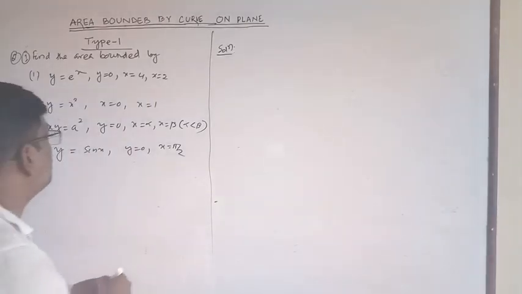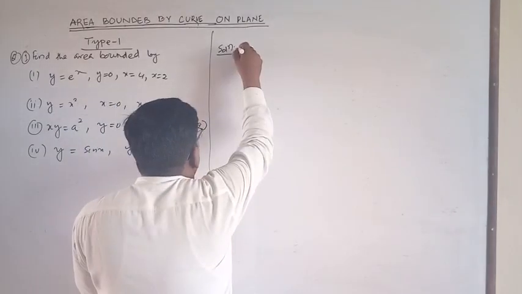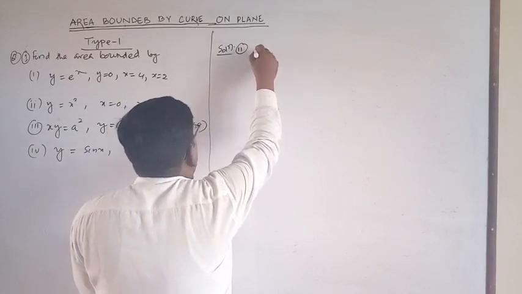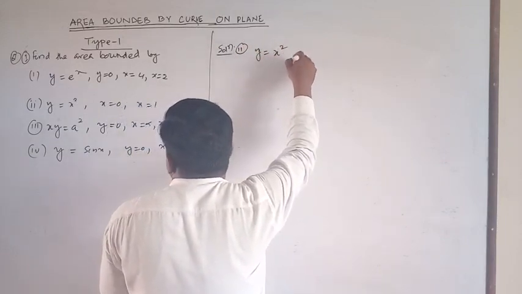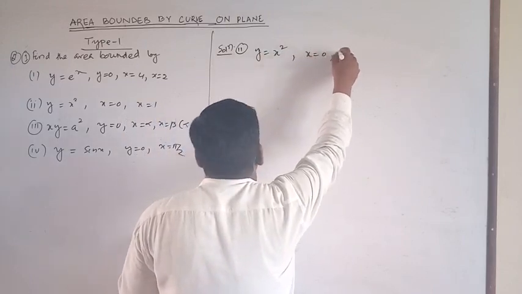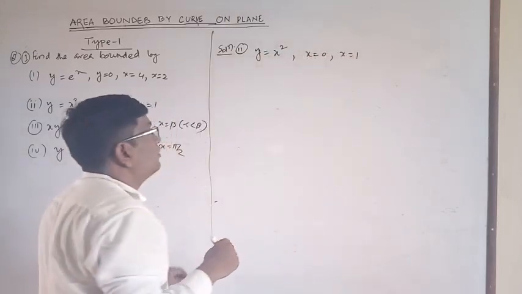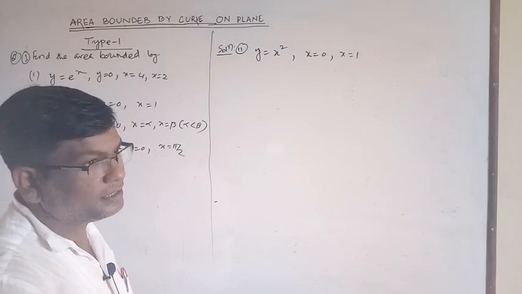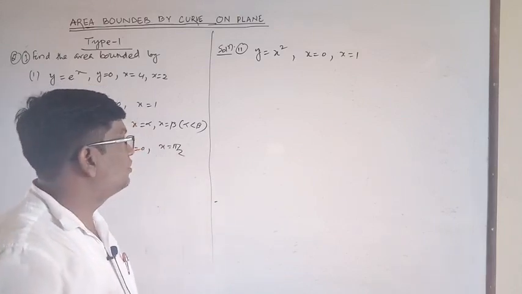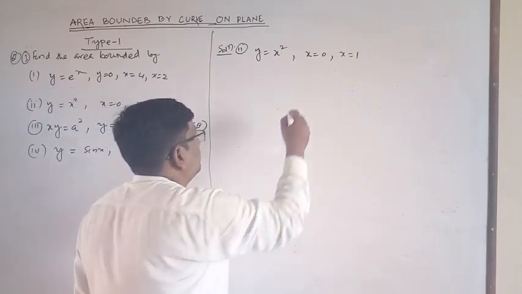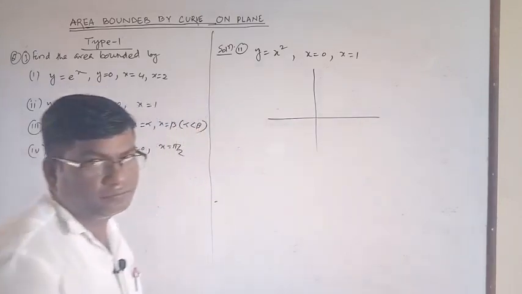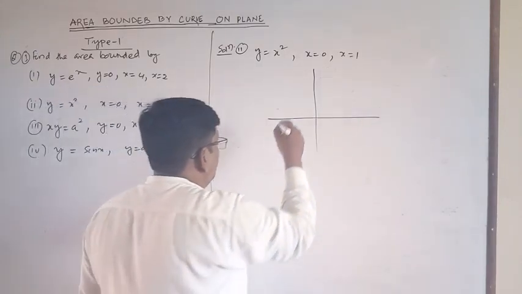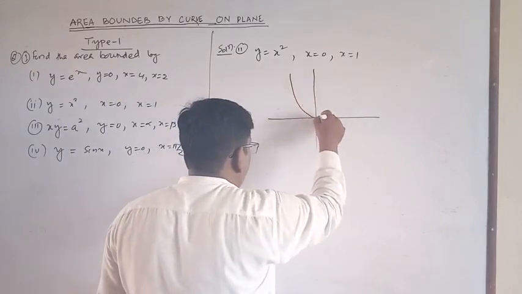Area number 2, solution number 2: y is equal to x square, x is equal to 0, x is equal to 1. Here x square is present, so the parabola is upward, x square is equal to 4y form.